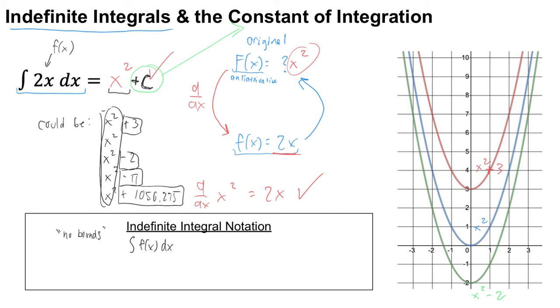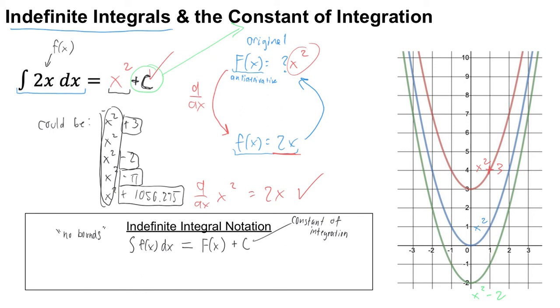Okay, so if we have an indefinite integral, we know that this is equal to the antiderivative function capital F of x, right? This antiderivative function is the original function here, but we need to add c, where c is the constant of integration, because we know that the original function can be any number of these, like for example x squareds with a plus 3, minus 2, on and on and on.